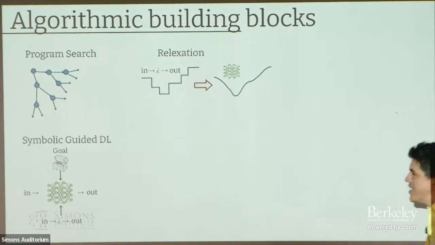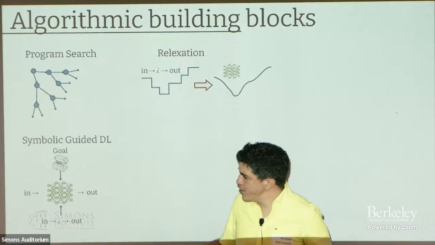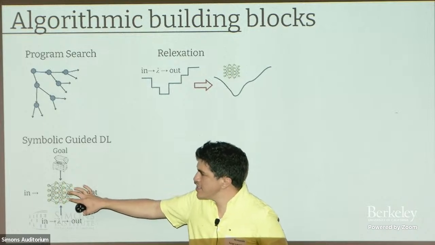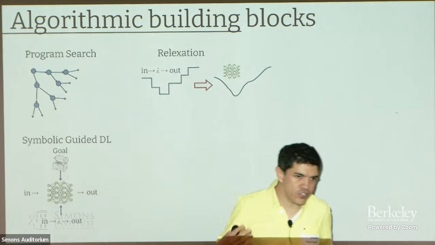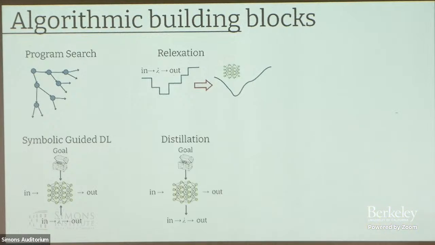And so you can think of this as a form of regularization. You're using the symbolic knowledge to control how this neural network is going to be able to generalize from the initial goal that is provided to it.